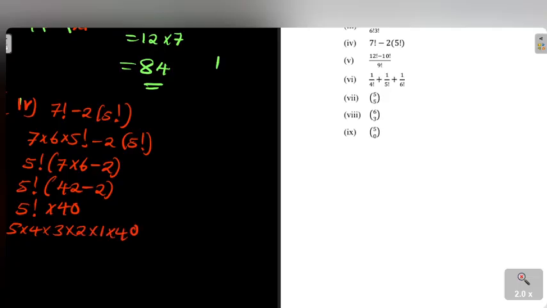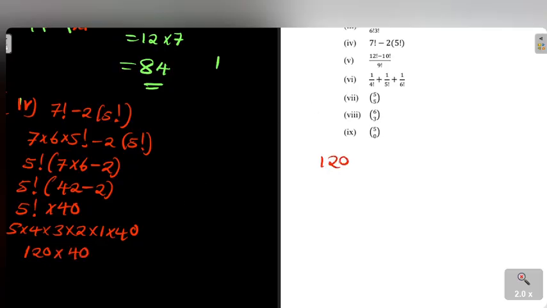Now we are going to multiply 5 times 4, that's 20, 20 times 3, we have 60, then 60 times 2, you have 120 times 1, still 120, so say 120 times 40.